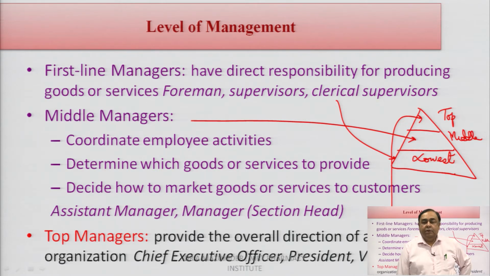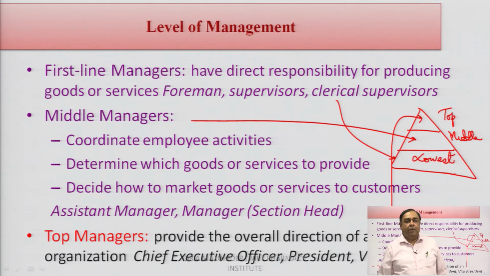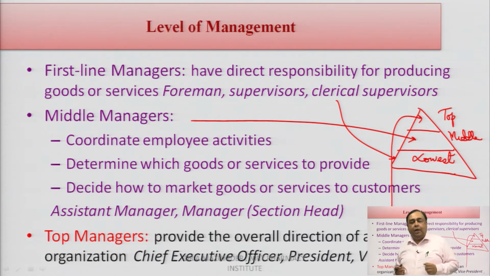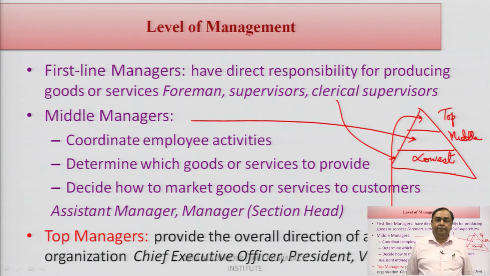In some organizations, they are termed as supervisors, and in some organizations, depending on the section where they are working, we call them clerical supervisors. But remember, these people are the main pillar of an organization to produce the goods and the services which the organization is about to deliver.